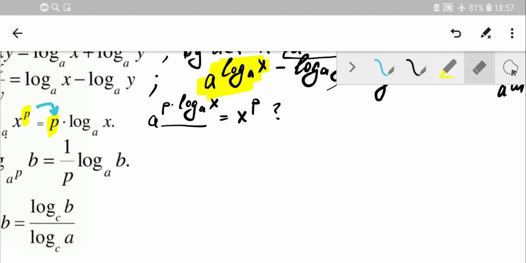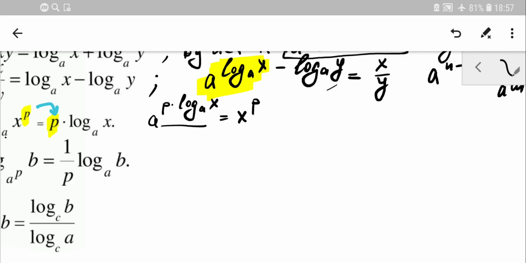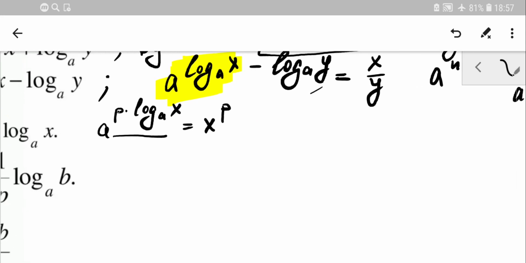Okay, so what we're gonna do, we just simply need to say that if we swap them, p and log ax, like first we put a to the power log ax, we simply use the property of powers, (a^m)^n, which is simply a^(m times n).